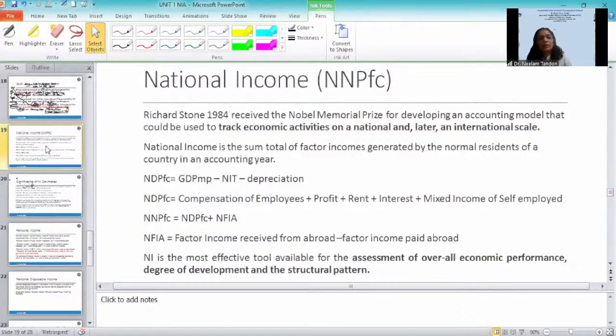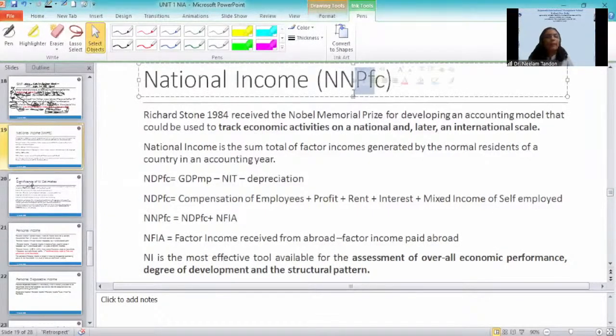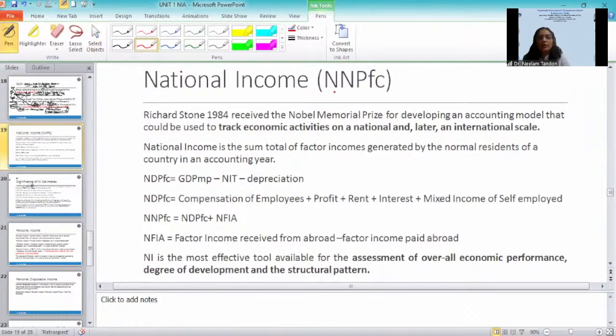So the three: national income, what is national income? Basically, national income is NNP at factor cost. What is NNP at factor cost? NNP at factor cost is net national product at factor cost. National, you understand, is plus NFIA. So if you go from GDP, you remember always national income is NNP at factor cost. Net means you're moving from gross to net.